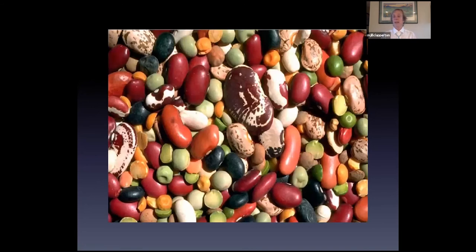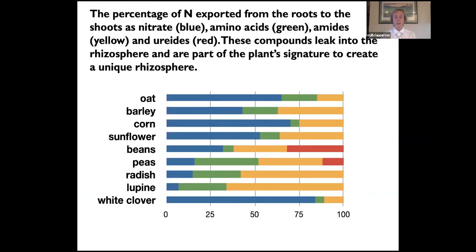So with that, every different seed you put in the ground creates its own unique community, and has its own unique properties. This is work done in the 70s by Dr. John Pate in Australia. And what it shows, this is root exudates from these plants.